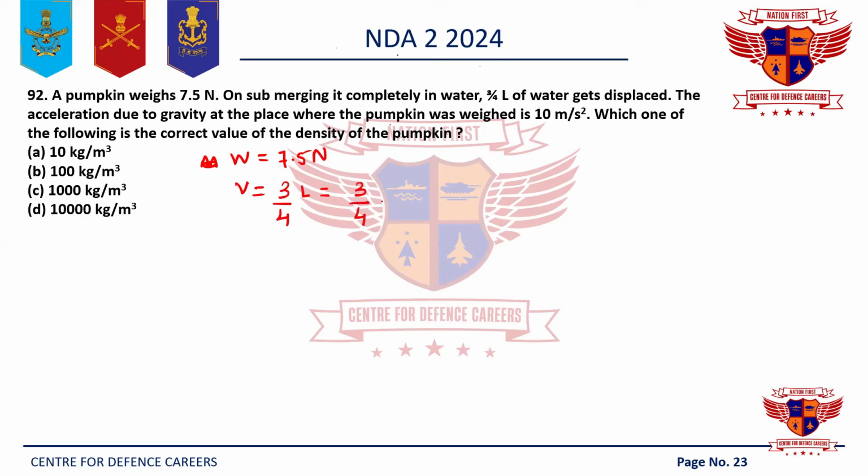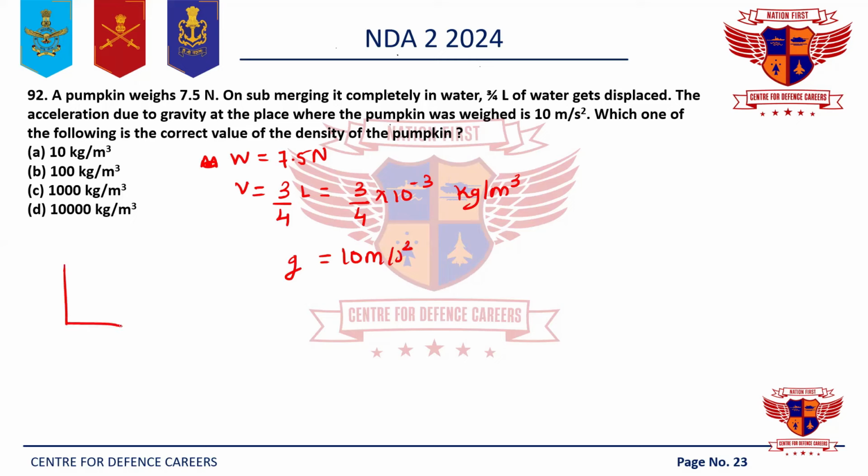So we have 3 by 4 into 10 raised to minus 3 meter cube. The acceleration due to gravity at the place, g, is 10 meter per second square. Which of the following is the correct value of the density?